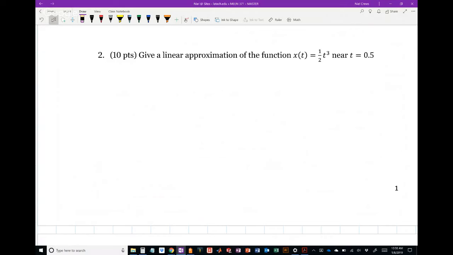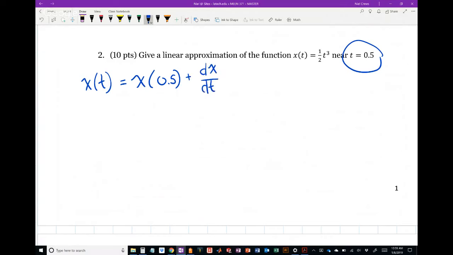So what we're going to say here is the x of t, then, and this is going to be around 0.5. It's going to be x of 0.5 plus the derivative of x with respect to t evaluated at t equals 0.5 times (t minus 0.5).